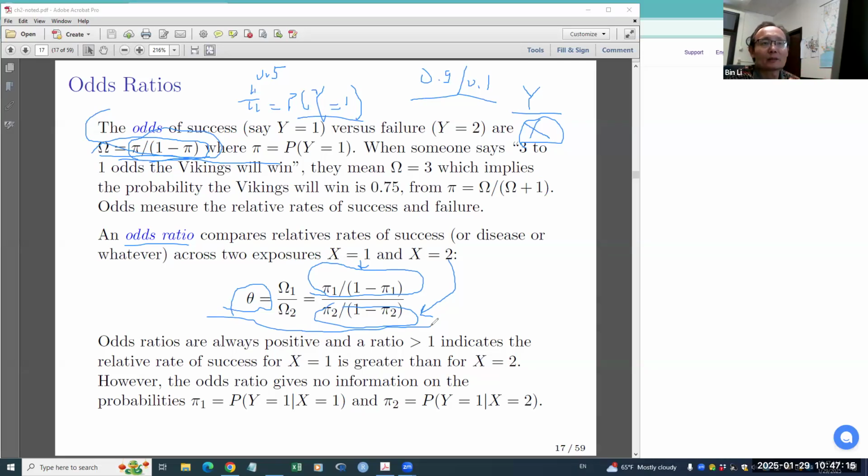Difference is pi1 minus pi2. Relative risk is pi1 over pi2. And odds ratio is pi1 over 1 minus pi1, divided by pi2 over 1 minus pi2. So why do we need to have so many? You will see in a minute.